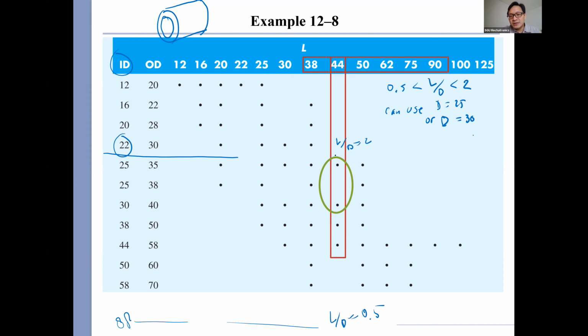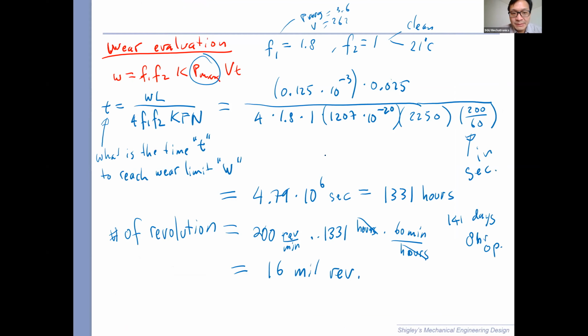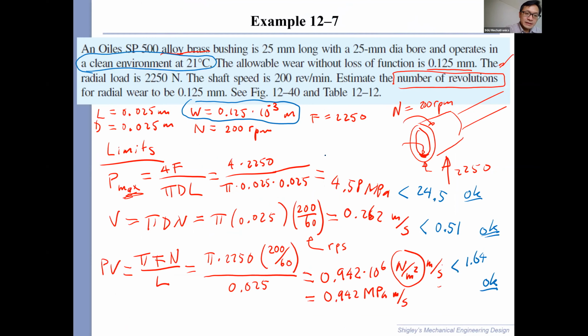So you see that all these dots kind of follow that guideline. But let's not be oversized or over designed. So let's stick with D equals 25 or 30. Think about the formulas. Remember, we have 3 criteria. Look at these formulas.